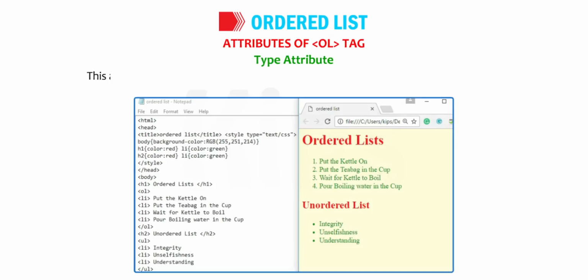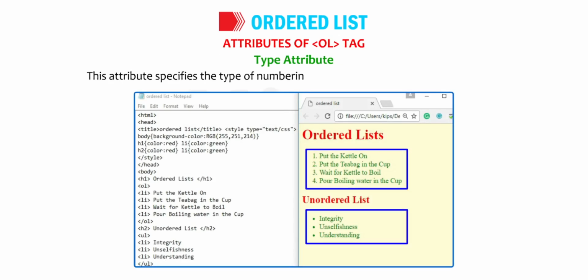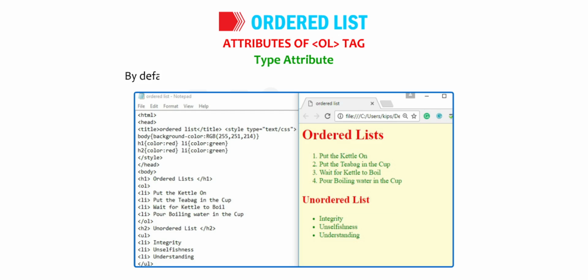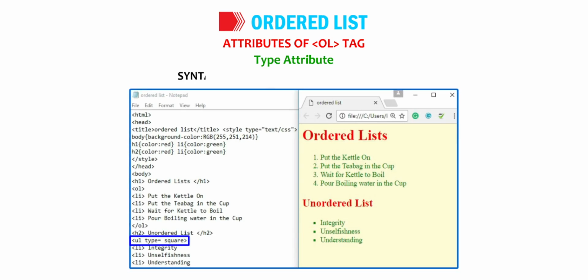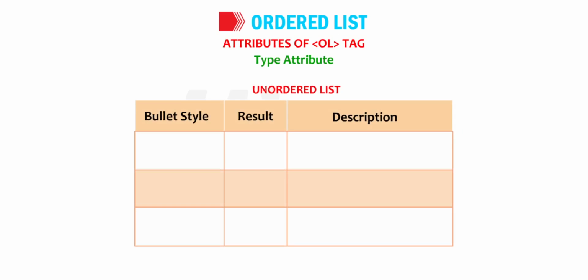Type attribute. This attribute specifies the type of numbering or bullet used to mark items in the list. By default, its value is 1 for an ordered list and disk for an unordered list. Syntax for an unordered list: UL type equals "value", where value equals disk or square or circle.